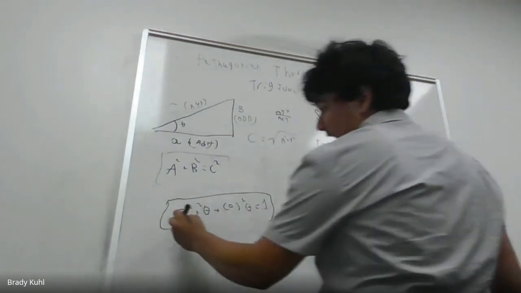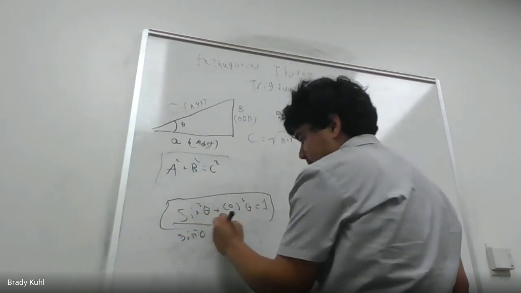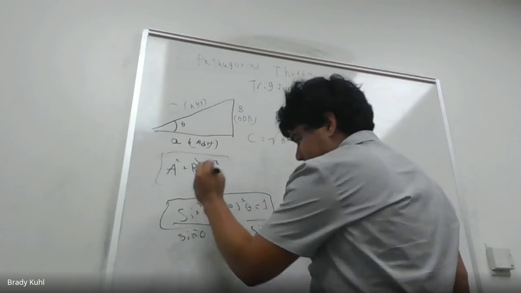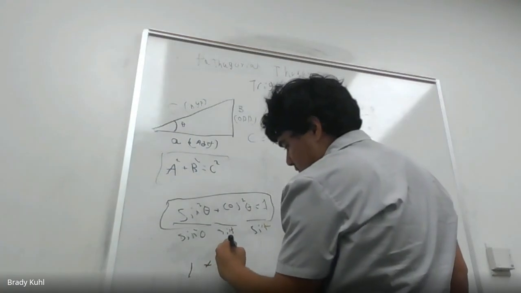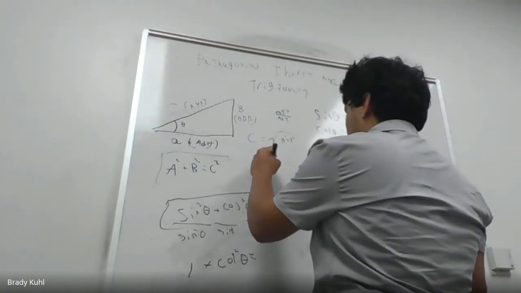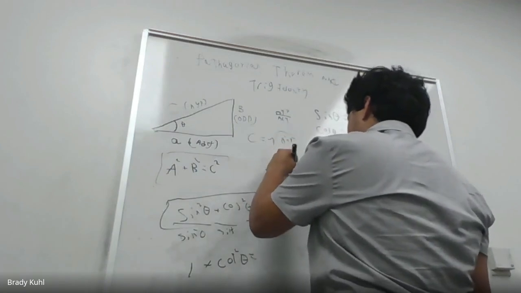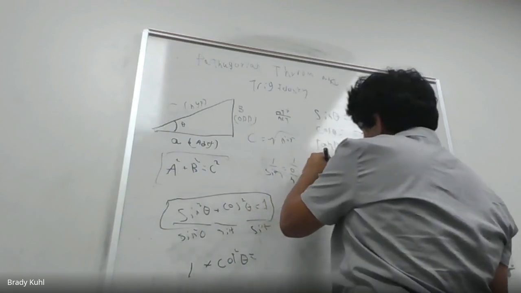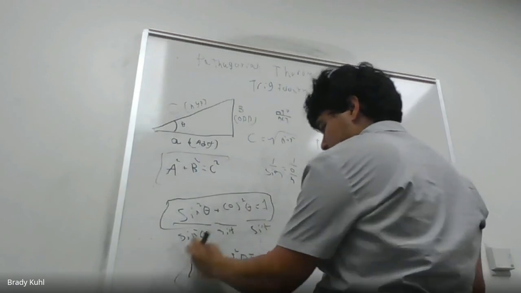For example, if I divide all sides by sine squared, then I get 1 plus cotangent squared theta equals 1 over sine squared, which is hypotenuse over opposite squared, which is cosecant squared.